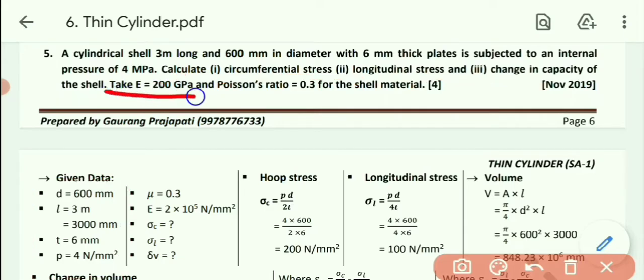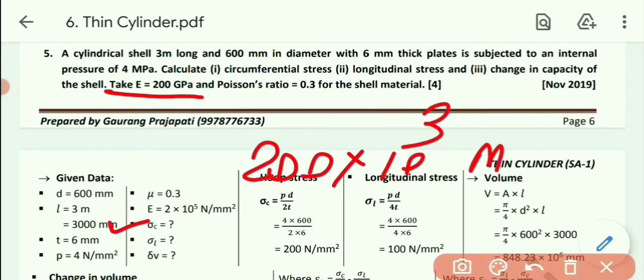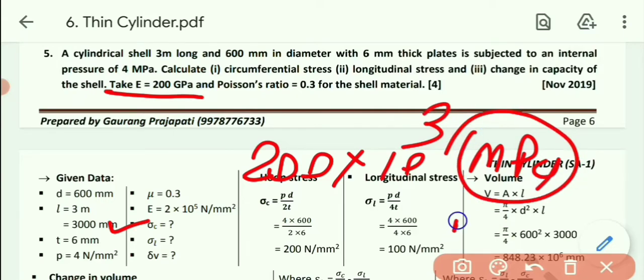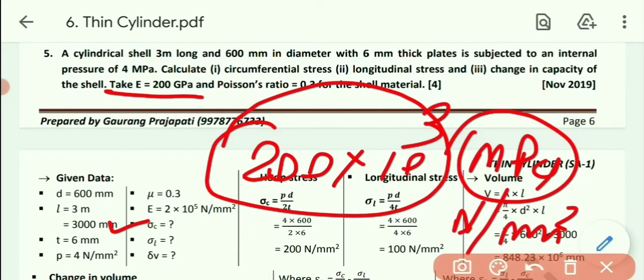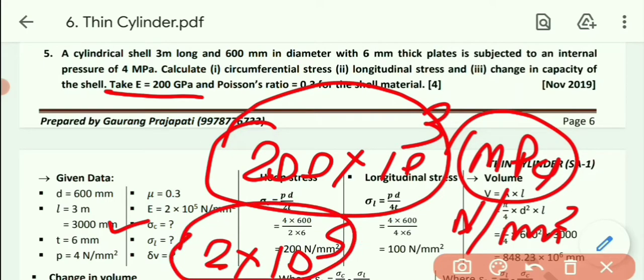Take E equals 200 GPa, which means 200 into 10 raised to 3 MPa. Now 1 MPa equals 1 Newton per mm square, so ultimately it is 2 into 10 raised to 5 Newton per mm square.